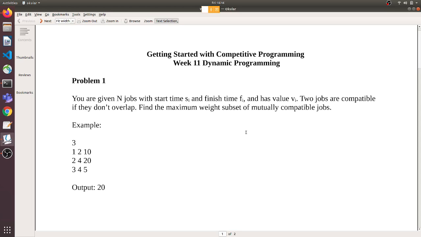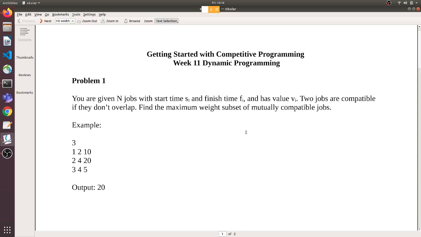So we'll sort them in increasing order of the finish time, and we will pick the first job which is finishing at the earliest, and then we will discard all the jobs which are colliding with or overlapping with it, and then pick the next one which is compatible, and repeat this.